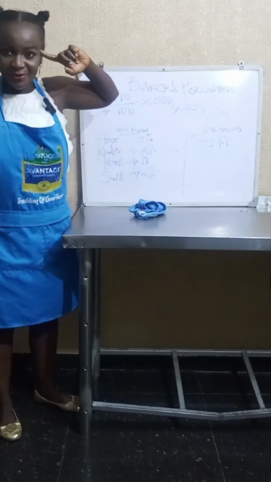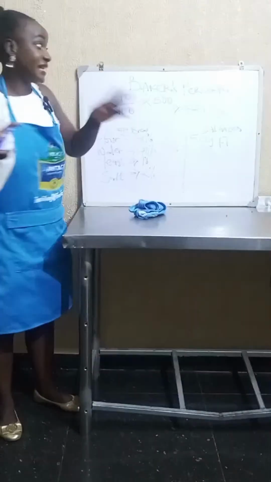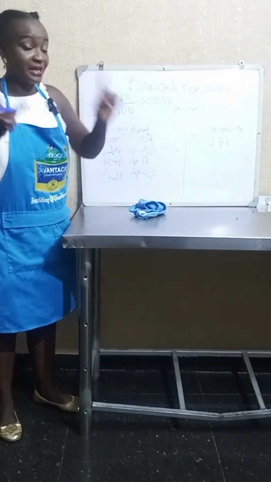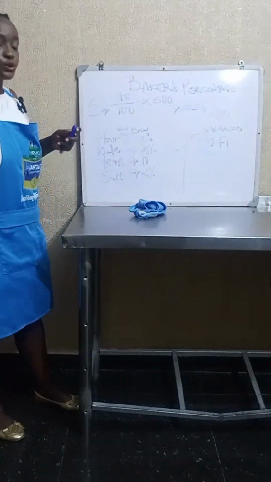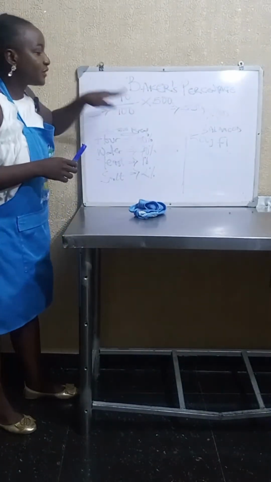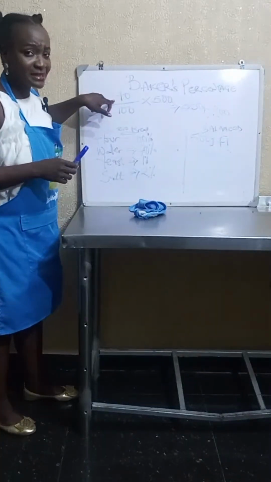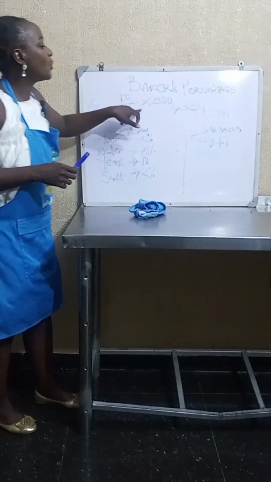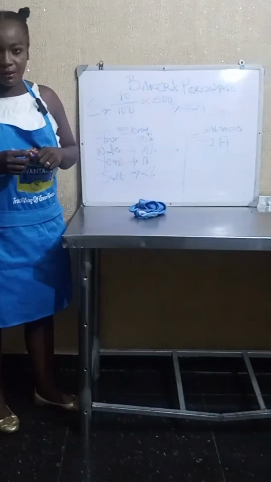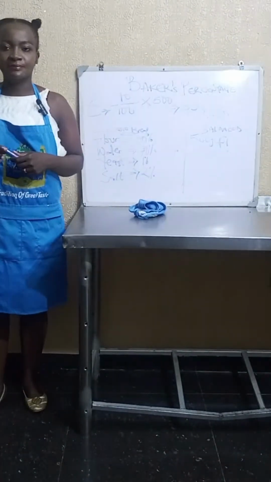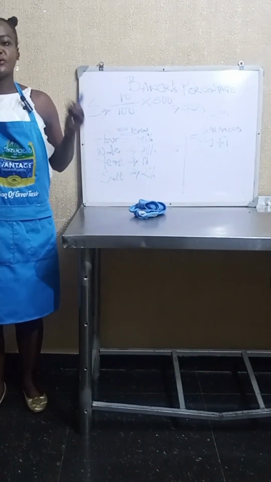I just remembered that there was something off. I realized that it was not actually correct. Sorry about that, I just switched the formulas. So what you're going to do is divide 70% over 100 and multiply it by your 500 grams of flour. Now quickly do that. Use your calculators and let me see if you get 350 grams.